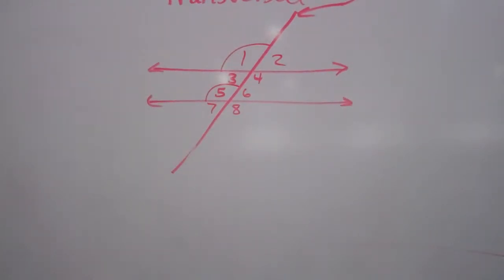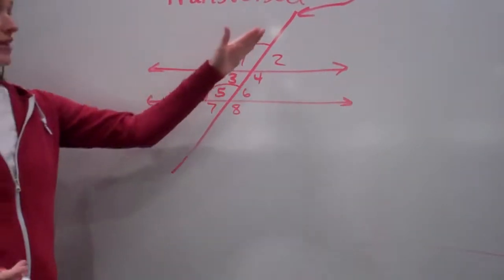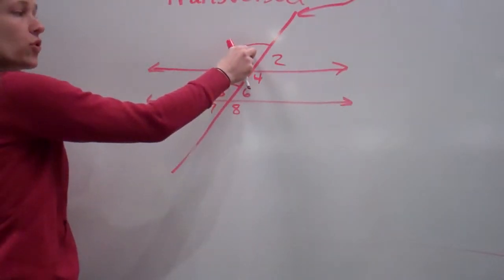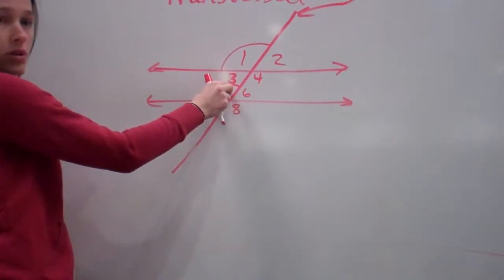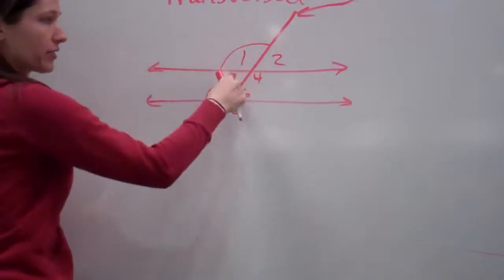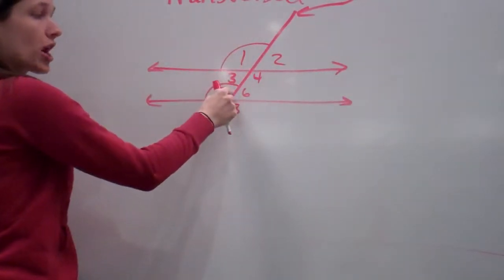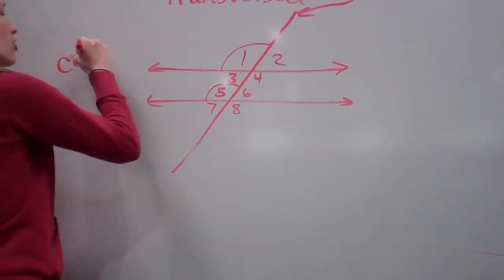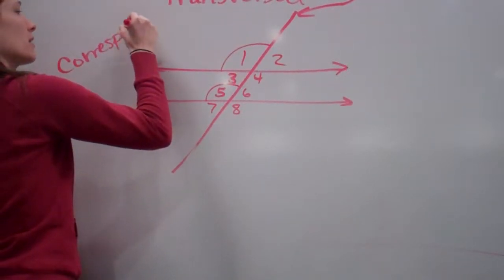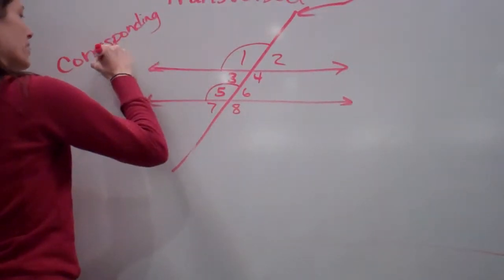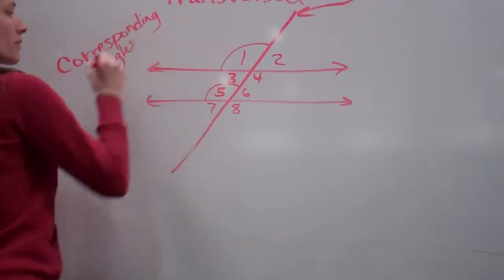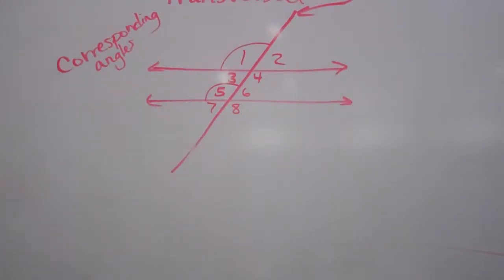They're exactly the same. They're in the same place. Top left corner, top left corner. Does everybody see that? This little cross right here and this cross right here. Top left corner, top left corner. Those are called corresponding angles.